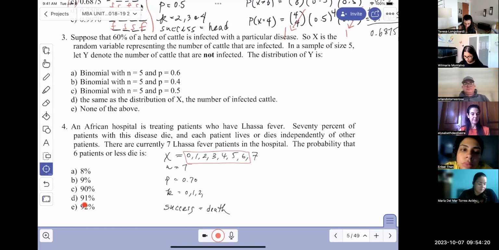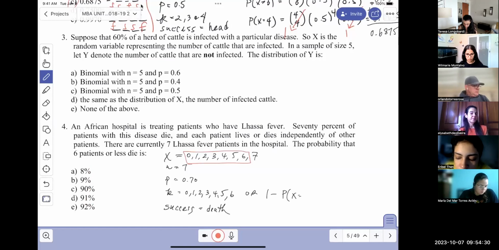Even the questions here are tricking students that made a mistake or it's catching them. So you do that or 1 minus the probability of X equals 7. So it's all these probabilities that sum or this one. So this seems more manageable, more efficient. So let's do that one. But don't forget the 1 minus.